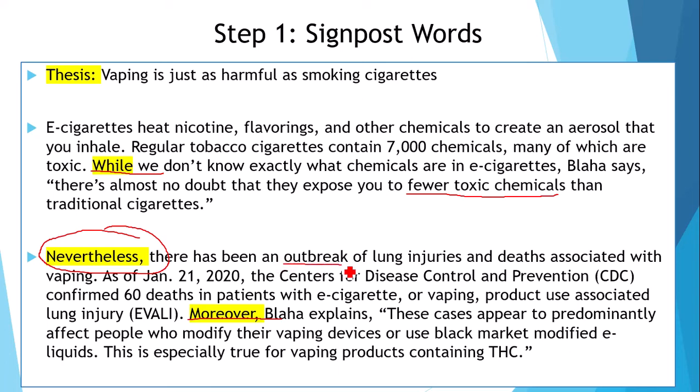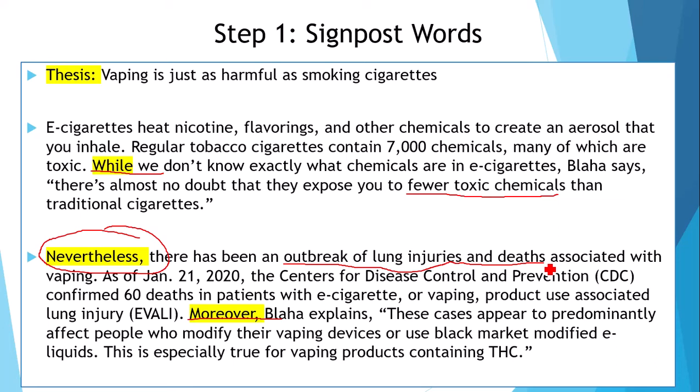However, nevertheless, there has been an outbreak of lung injuries and deaths. So it's a very small word, but it does what a transition is meant to do. It connects your ideas, and it makes a very logical connection. Even though there are fewer toxic chemicals in e-cigarettes, there has still been an outbreak of lung injuries and deaths.